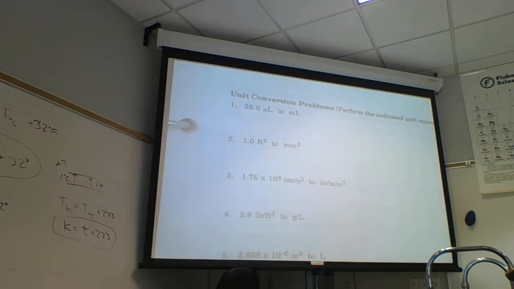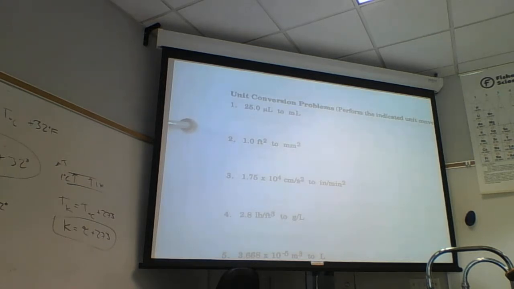So the linear one's easy. For example, if I have a foot, what can I relate a foot to? Inches. So 1 foot is equal to 12 inches. And then I want to do 1 square foot. Is that equal to 12 square inches? No, because it's not linear in that way. This is wrong. Do you know what it's equal to? 1 square foot is equal to 144 square inches.